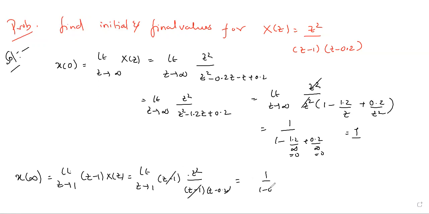Substitute 1, and we get 1 by 1 minus 0.2, which is around 1.25. Like this, we have to use these theorems to solve problems. Try to get infinity in the denominator, then you will easily get the constant value, whether it may be 0, infinity, or whatever constant. But proper arrangement should be there first, and you need to check whether cancellation is possible or not. This is about the initial and final value theorems related to the Z transform concept.